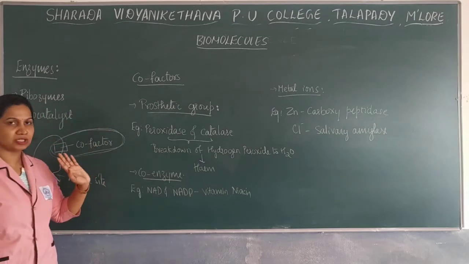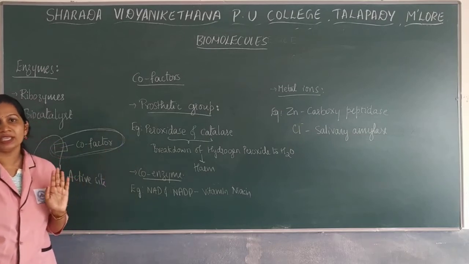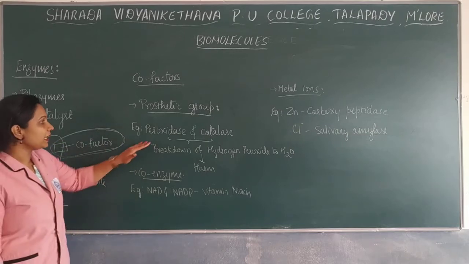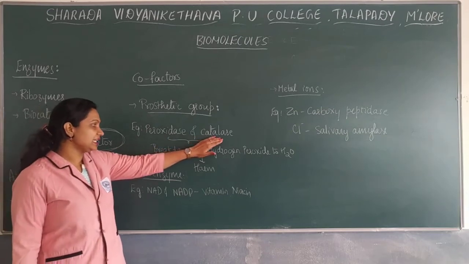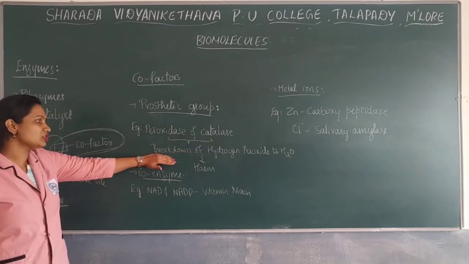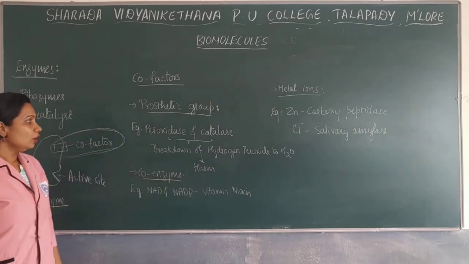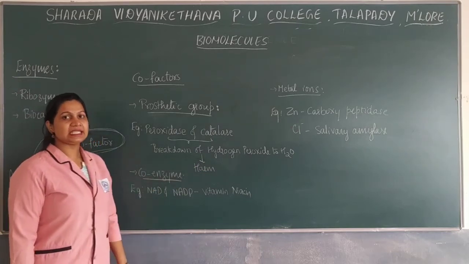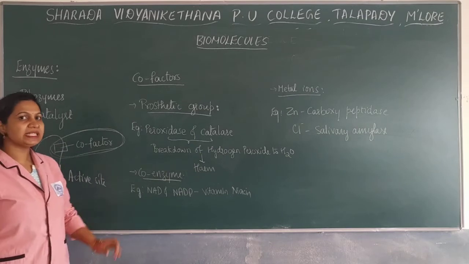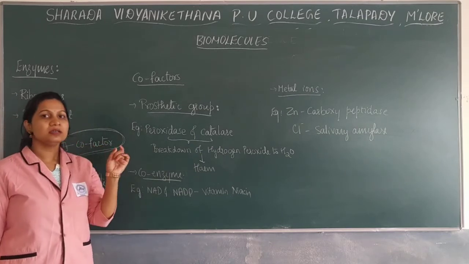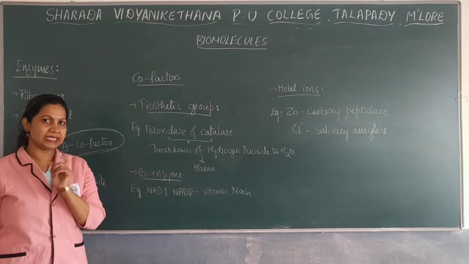The prosthetic group is permanently attached to the enzyme. For example, peroxidase and catalase break down hydrogen peroxide into water. Normally enzymes have the suffix ase.